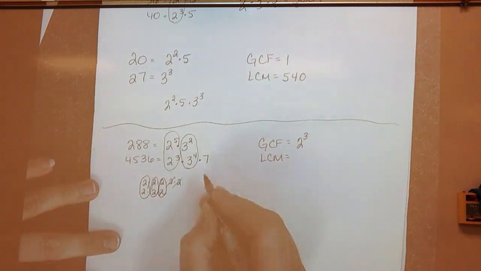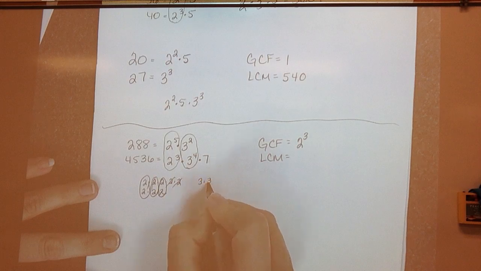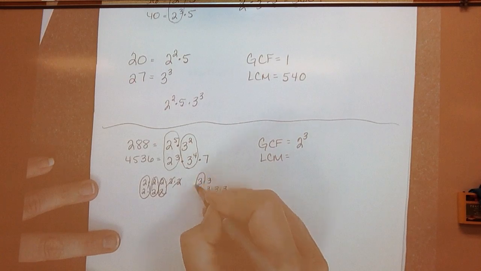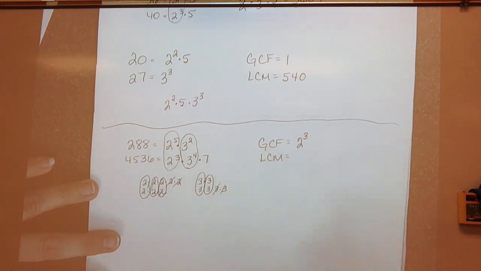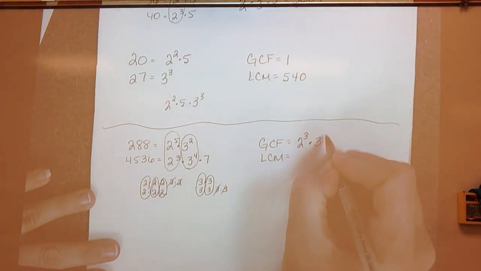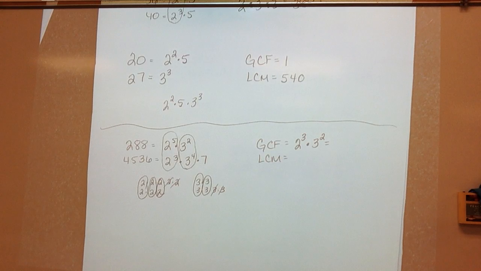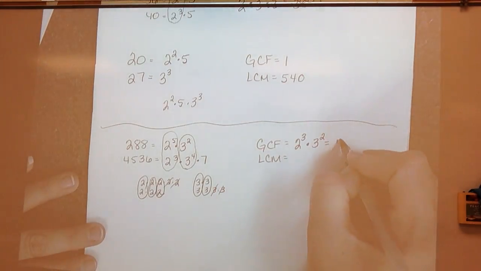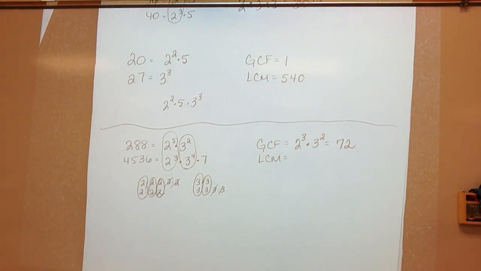Now I'm going to look at my 3's. So I've got 3 times 3, and 3 times 3 times 3 times 3. Look at what we have in common. I can't do anything with those 2 extra 3's. So 3 squared. So 2 cubed is 8, 3 squared is 9. So 8 times 9 is 72. So the GCF of 288 and 4,536 is 72.